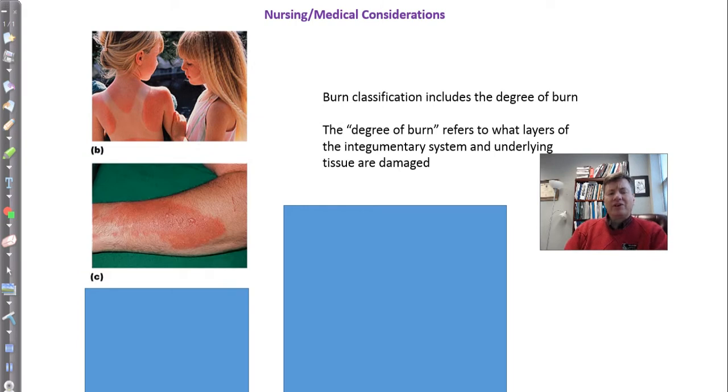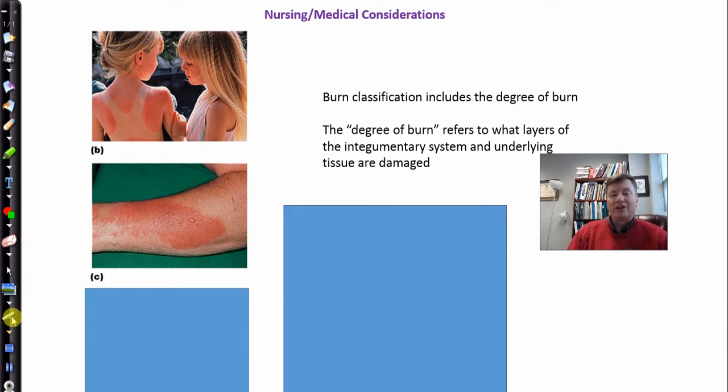A second-degree burn, like you see here, is characterized by blistering, and you might see, if you look carefully, some tiny blisters. Here's one over here. So you see the damage, but you also see some areas that are a little more damaged. For a second-degree burn like this, we're talking about damage to either the papillary layer of the dermis or the reticular layer of the dermis.